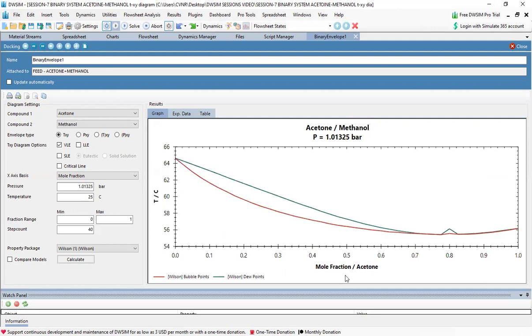Mole fraction of acetone. See why it is giving us acetone? We said it is the more volatile component, as we are considering. So now this portion, this curve, which is brown or red color, is the bubble point curve, and this is the dew point curve.